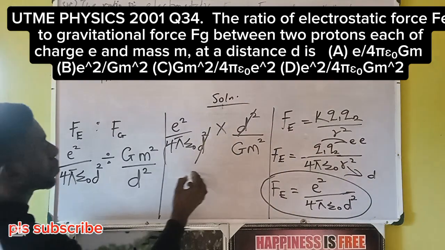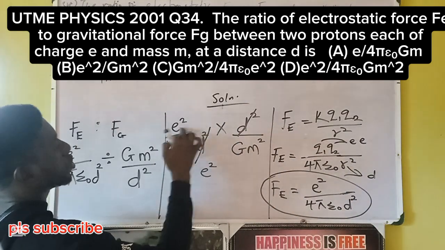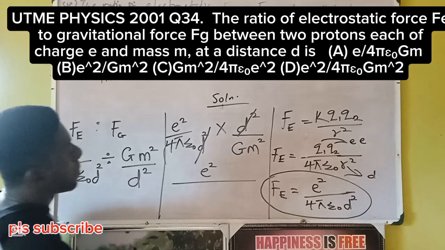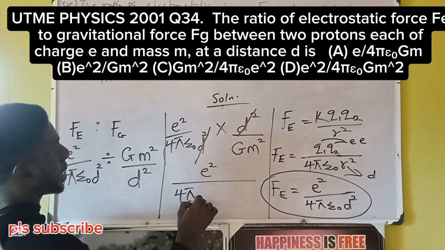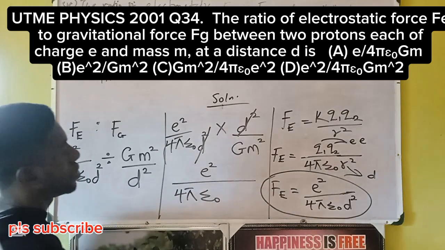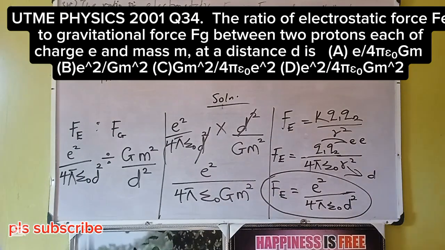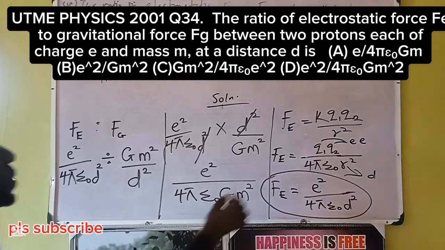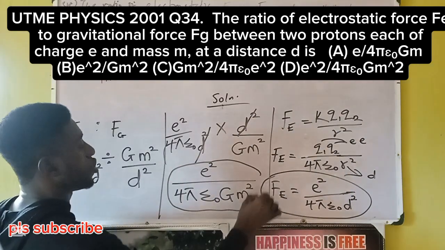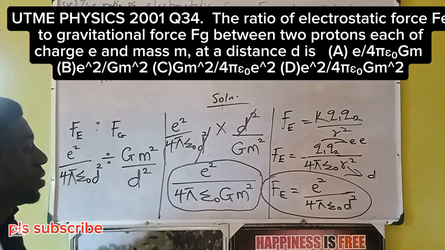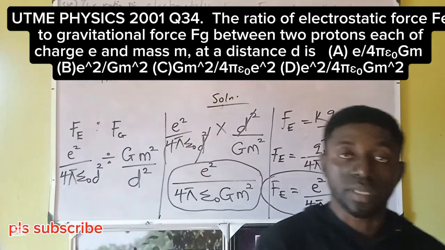So I'll be having e squared times 1, which is e squared, over 4 pi epsilon naught G m squared. Okay, going to the options. Notice the options there. You can see that the best option that describes this ratio is option D. Option D.